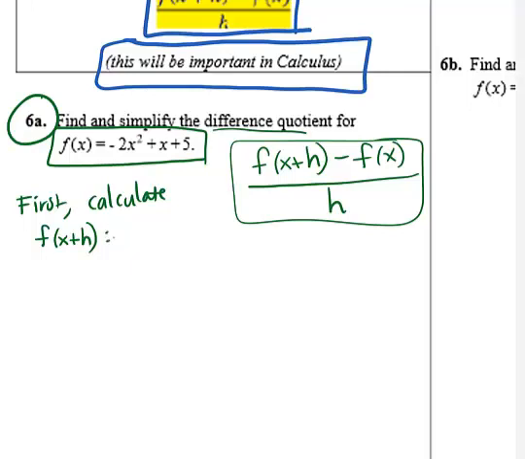So this kind of goes back to, I think in the last section, how we were substituting things into functions, like we found f of negative 5, which is normal, but then we found f of x plus 3 or something weird. So I think we were trying to practice for this thing.